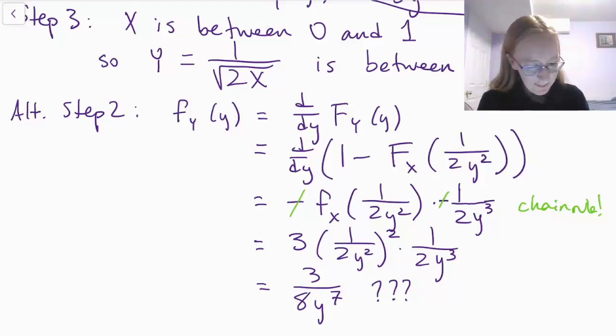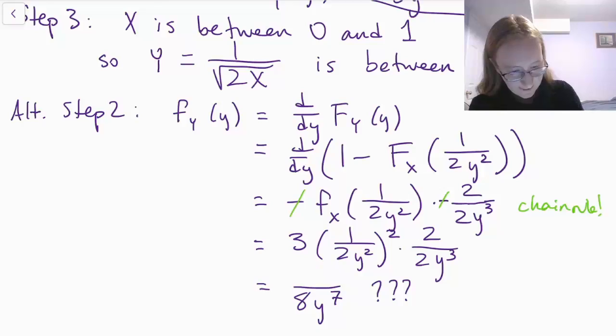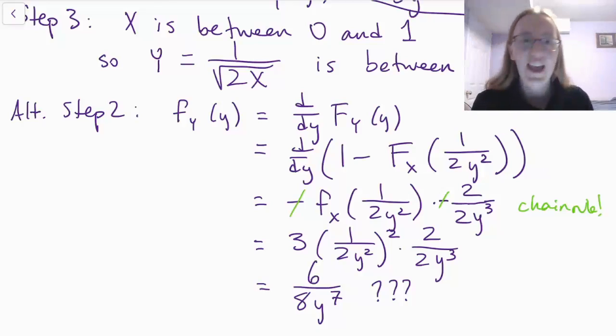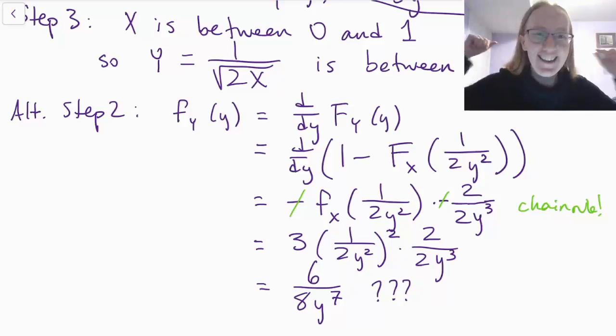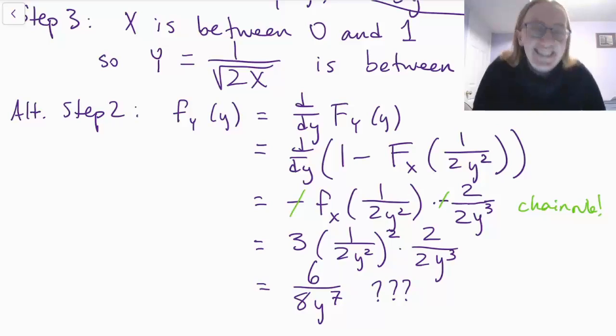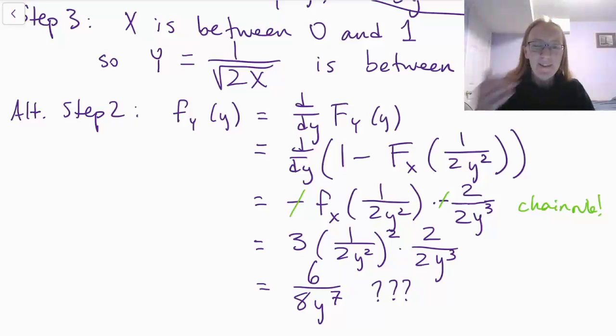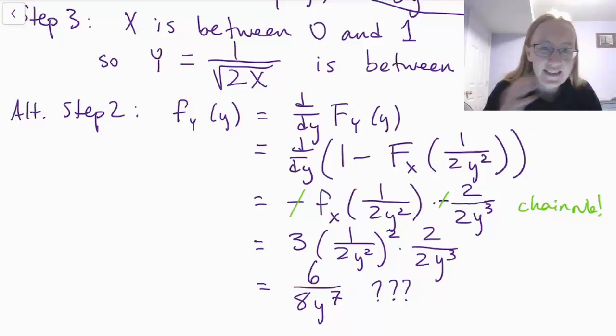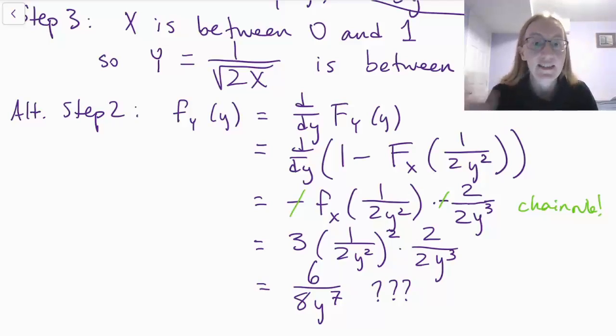So here it shouldn't be -1, it should be -2, and then that's a 2 as well, and then that is a 6. Okay, good. At least I'm consistent. I differentiated incorrectly the same way both times, because I was trying to go quickly. But there we go. So that's how you would do it in this way.